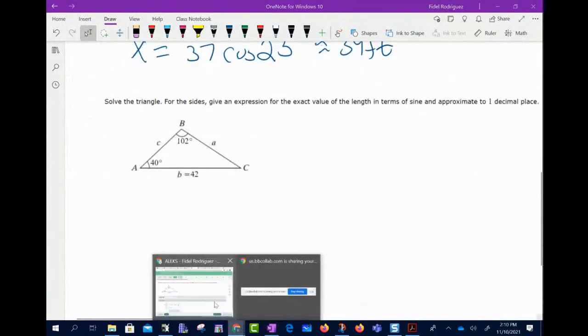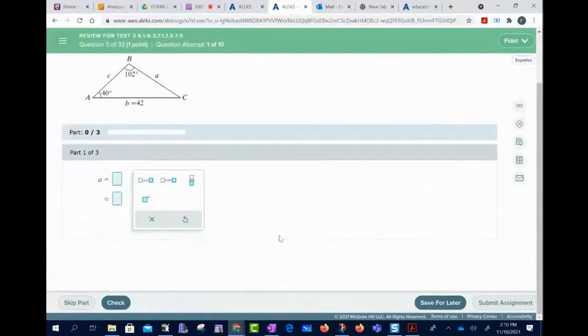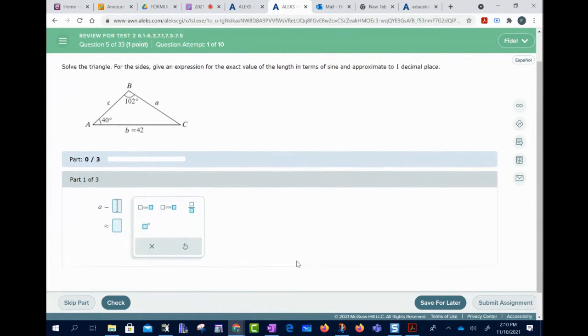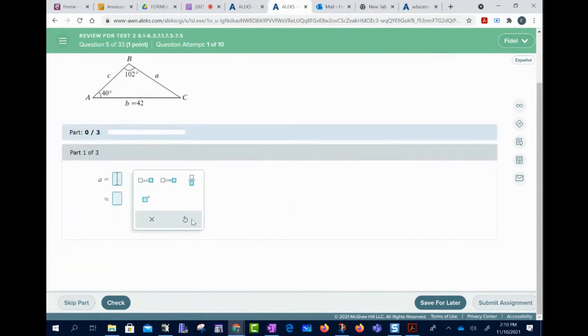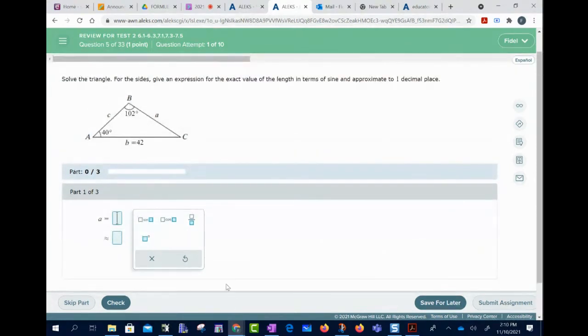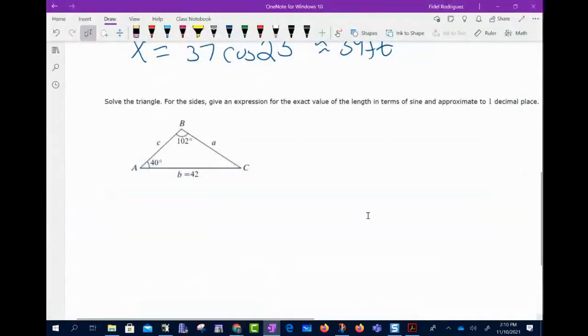And I'm going to come back one more time because, okay, so look what it's asking me to find. It's first asking me to find the value of little a, right? Okay, so hold on, we're going to go real slow. So first thing I want you to notice, it's asking me to find the value of a, the little a.